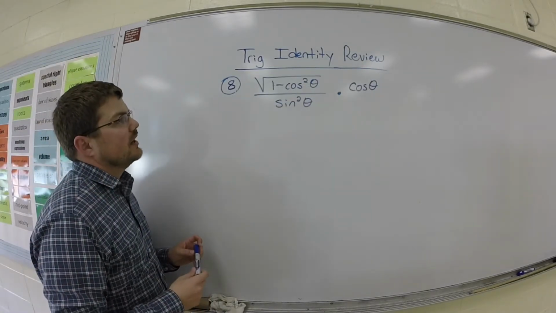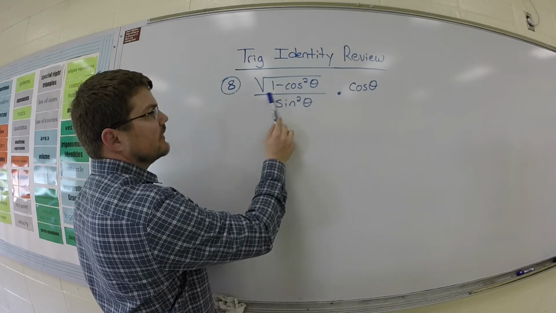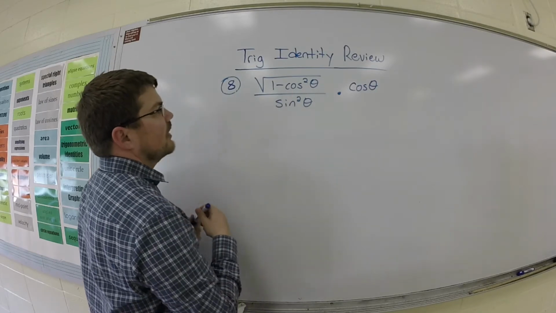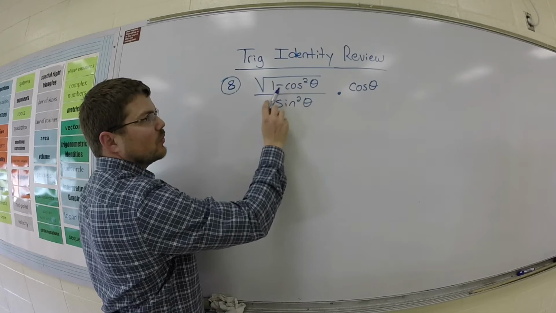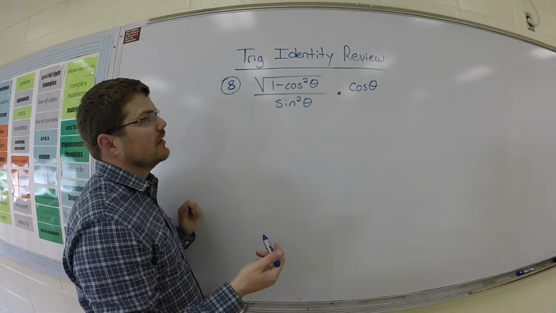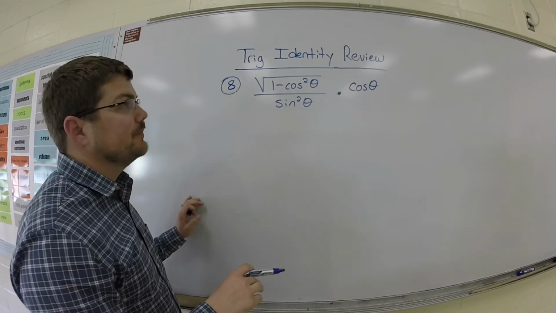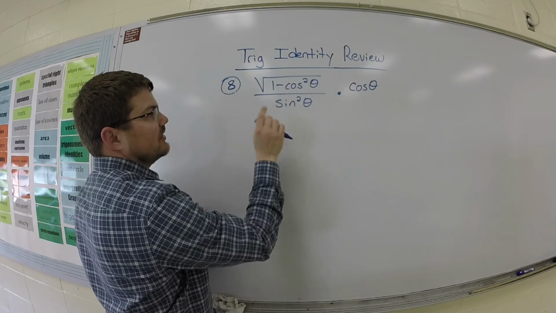Okay, number 8, we have the square root of 1 minus cosine squared theta, divided by sine squared theta times cosine theta. Anytime you see 1 minus cosine squared, or 1 minus sine squared, or cosine squared plus sine squared, look at those Pythagorean identities on your formula sheet, the ones on the bottom. So 1 minus cosine squared, I'm going to change it to sine squared.